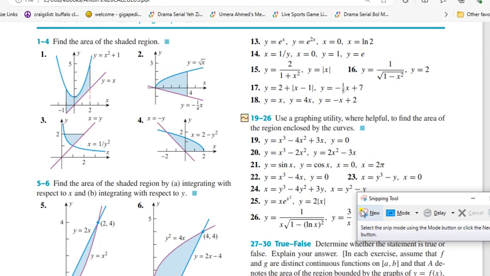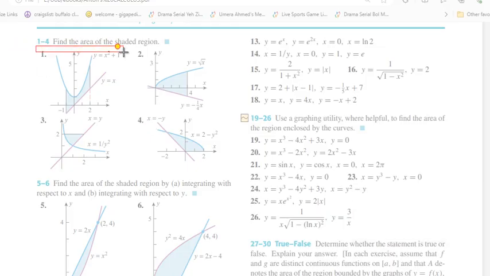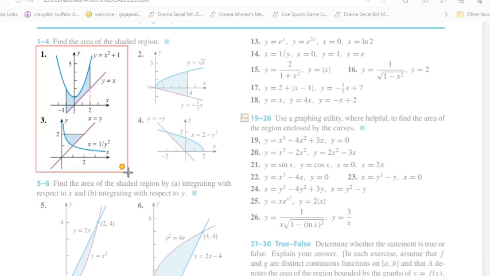So if you draw the picture, that will be a great help. Okay, and then you can just integrate. So let's say here.